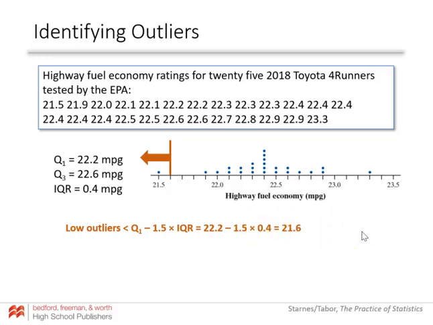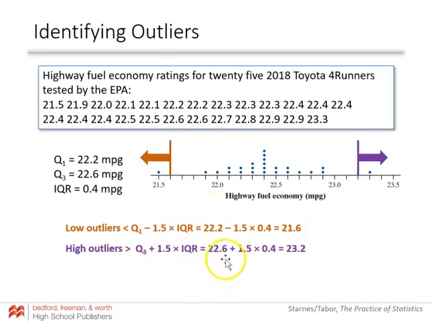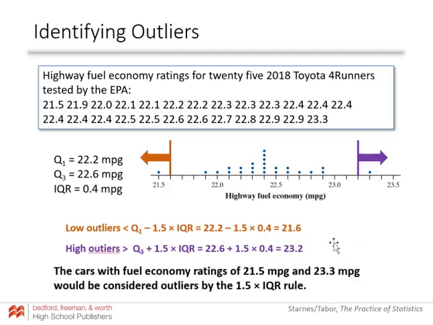So that means any number in my data set that is lower than 21.6 is an outlier. So we have one here at 21.5. We can do the same thing in the other direction with Q3. So I do Q3, 22.6 plus 1.5 times my IQR. And that means any number that is larger than 23.2 is an outlier.